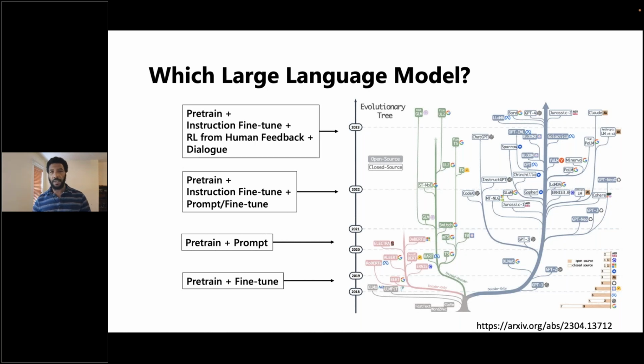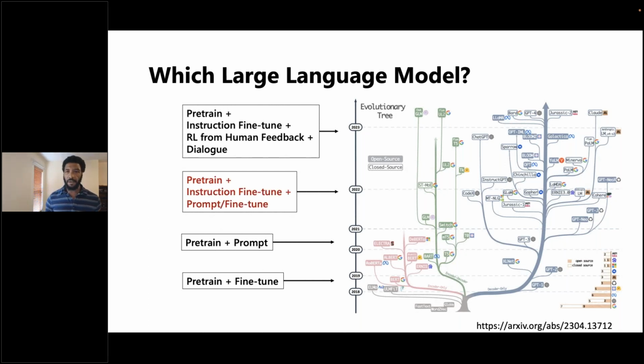Then there has been a lot of interest in turning these models into assistants and dialogue agents. This usually entails a final step where we use reinforcement learning from human feedback to give the model higher probability of generating outputs that are preferred by humans.